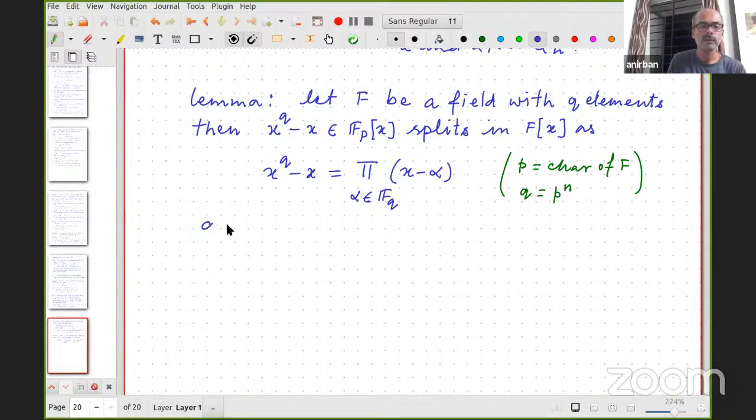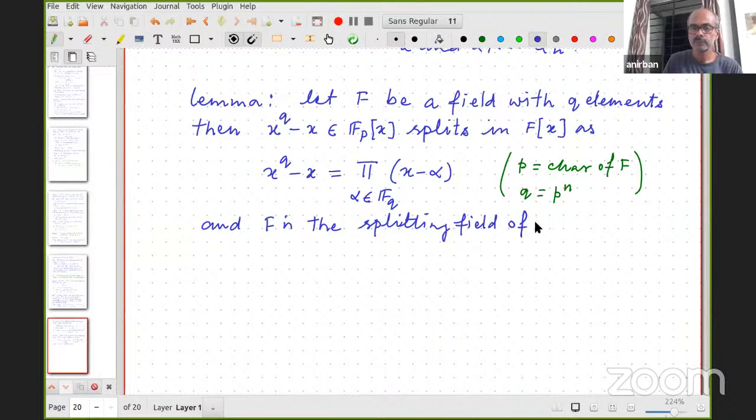We use 'the' for splitting field because it is unique up to isomorphism. So up to that identification it is unique. So the splitting field of x to the q minus x. This polynomial splits in F, and by splitting field we mean that it cannot split in any smaller field.